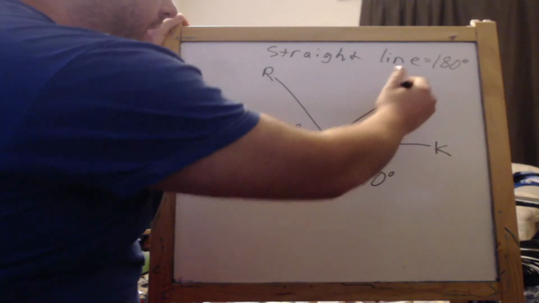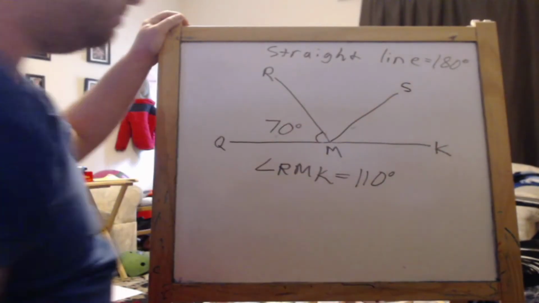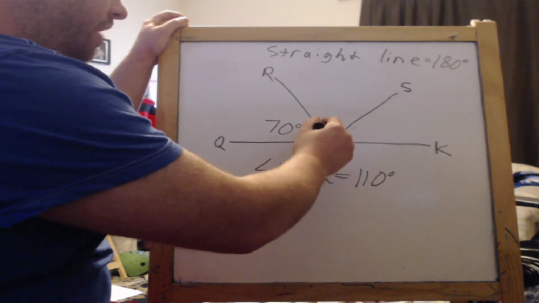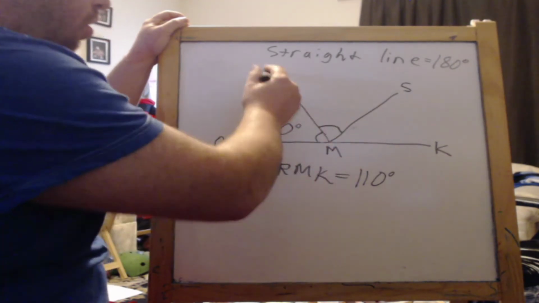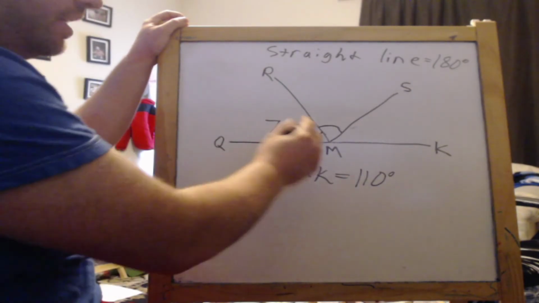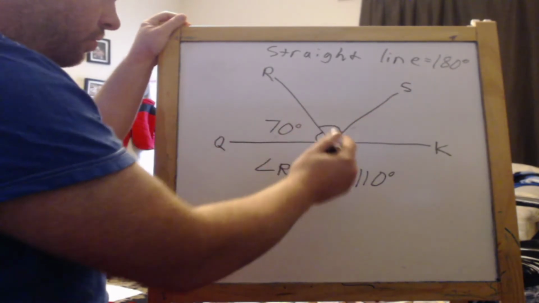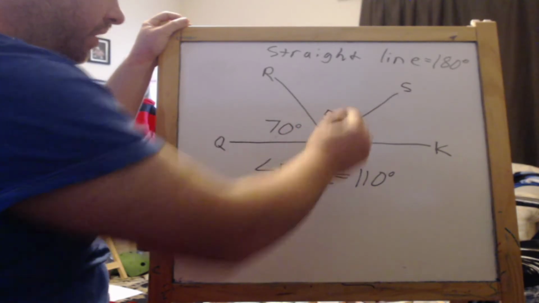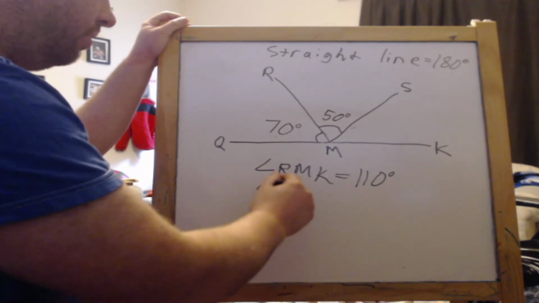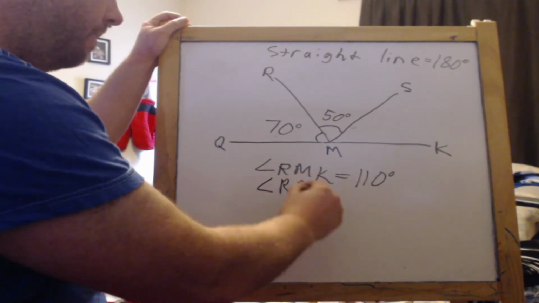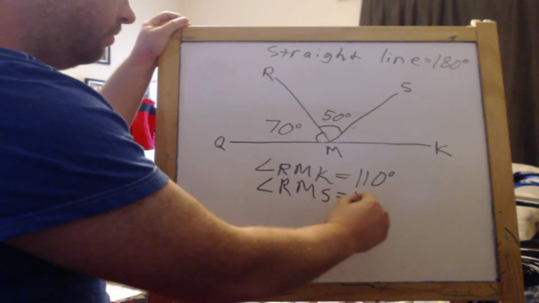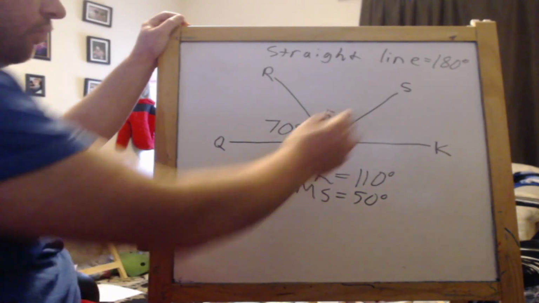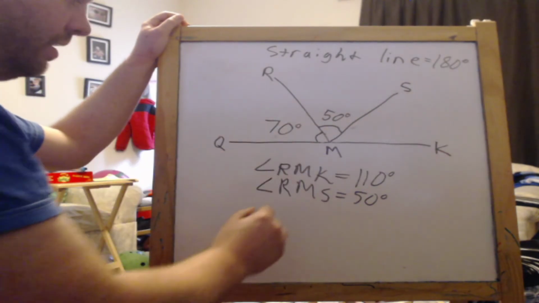Let's just have this be S. And we are going to say that RMS, this angle right here, is 50 degrees. So angle RMS equals 50 degrees. Now we want to find SMK.